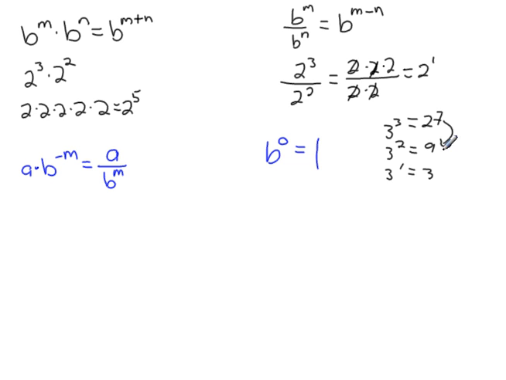Each time that we look at these numbers, going from top to bottom, we're dividing by 3. So 3 to the 0 power is going to be 3 divided by 3, which is just 1. And this is the same thing with all numbers that you can raise to an exponent.